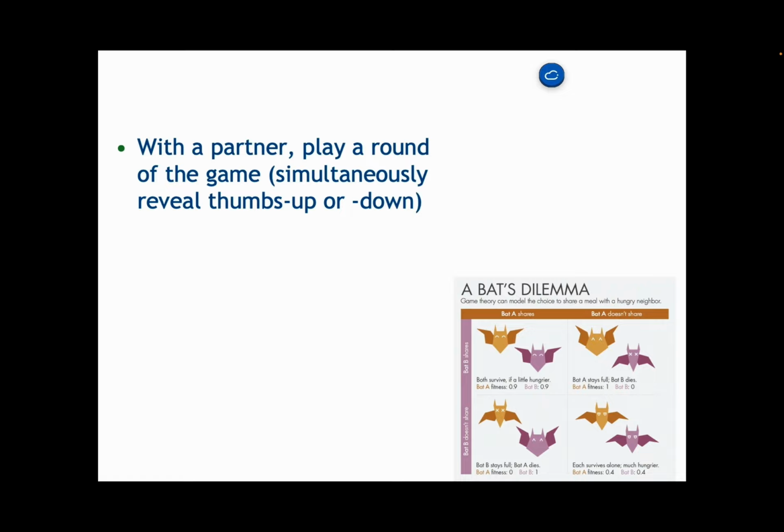And we're just going to go through a number of rounds where you each reveal to your partner whether you have decided to share with them or not share with them. So you can go boom, boom, boom, I'm nice, or boom, boom, boom, I'm not nice. And just keep track of your points using this payoff matrix.